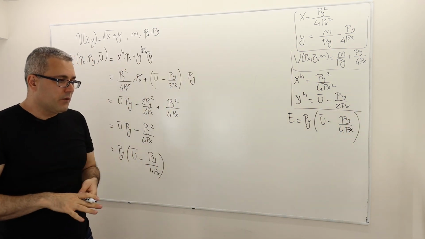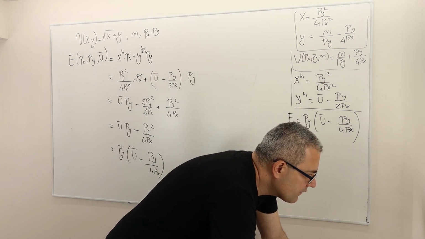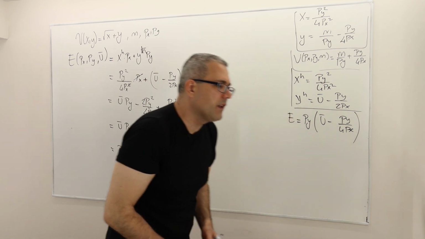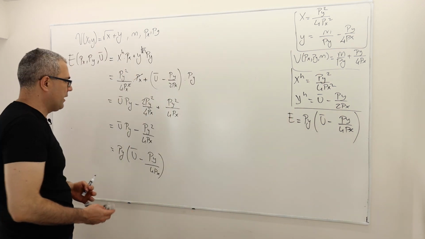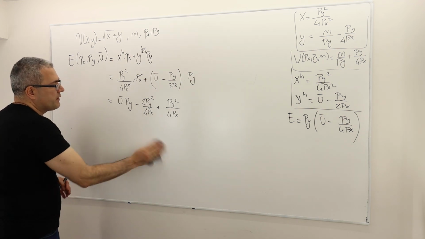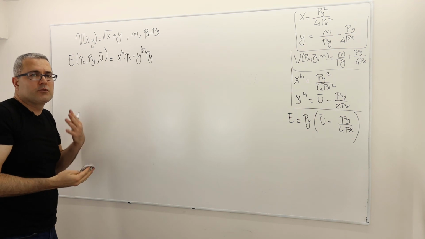Okay, so the next question was to find the expenditure function and verify Shepard's lemma for good y. So what is Shepard's lemma? Well, it is sort of similar to Roy's identity.